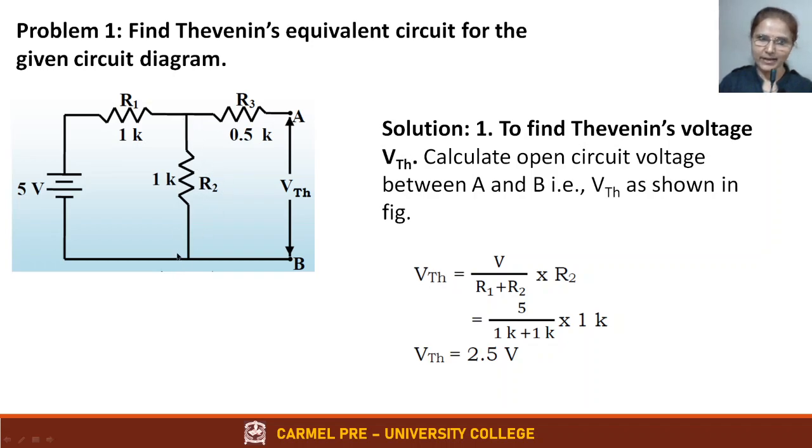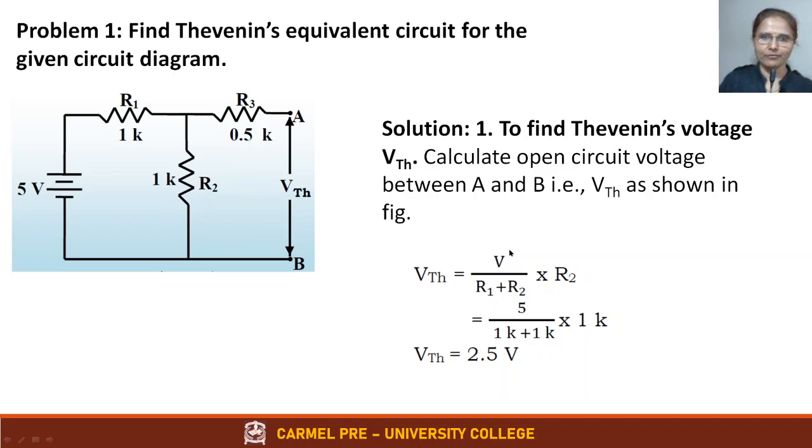What is current I? I is the current flowing in this loop. How to find the current flowing in this loop? These two are in series and this is the voltage. According to Ohm's law, voltage divided by resistance gives you current. So 5 divided by R1 plus R2, 5 by 2K is the current, multiplied by R2, that is 1K, will give you VThevenin.